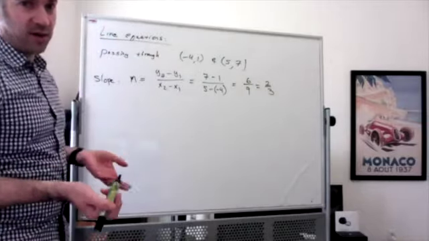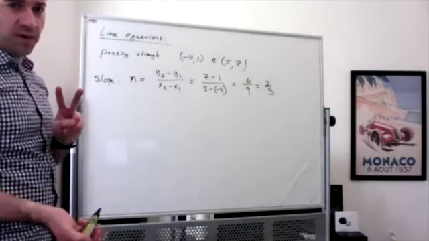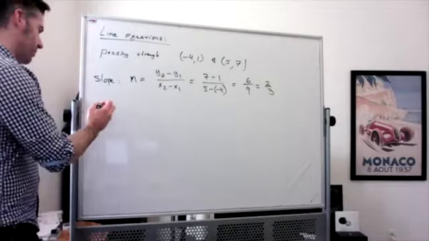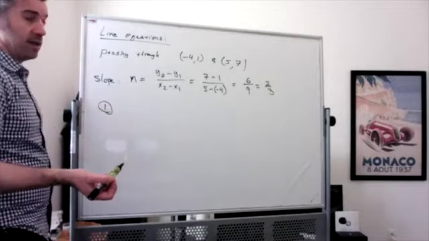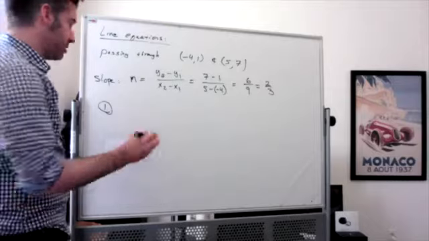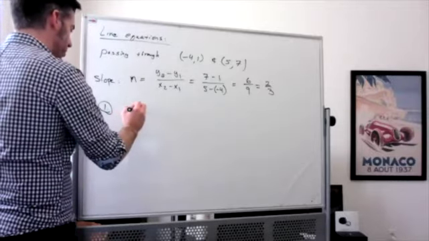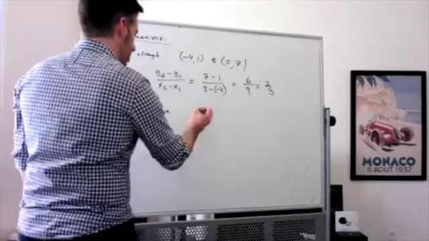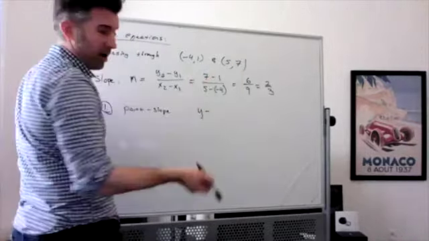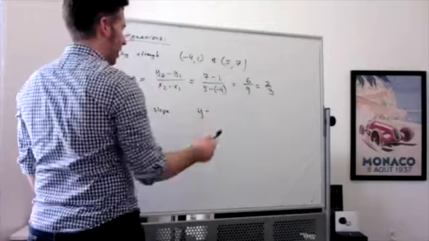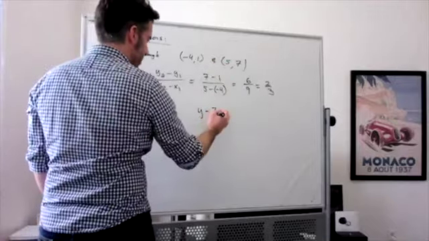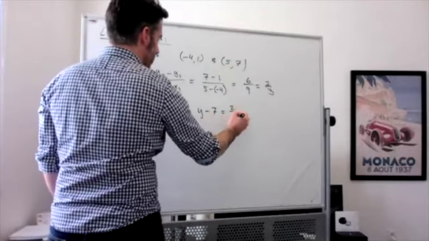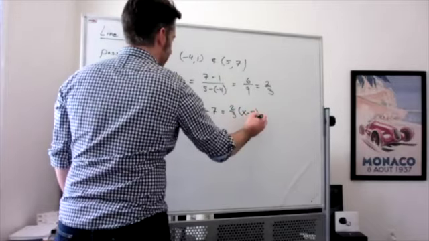Now, in my opinion, there's 2 ways of finding the equation of the line. One way is to write it in point slope form, where you can just say y minus whichever y coordinate you want to pick. I'll use this one: y minus 7 equals 2/3 times x minus 5.